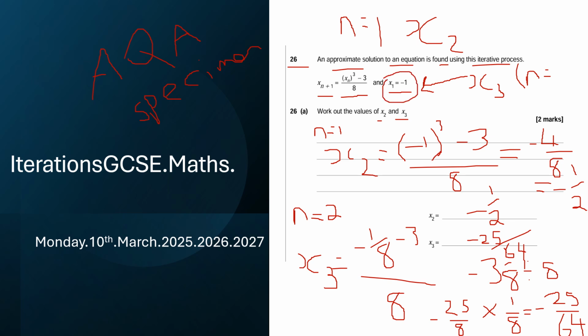Minus 1 cubed is -1 times -1 times -1, which is -1, minus 3, I get -4/8, which is -0.5, or -1/2. I'll leave it as a fraction for completeness. I then plugged -1/2 into the next part, so I had x3 equal to -1/2 cubed, minus 3, all over 8. That is my answer.